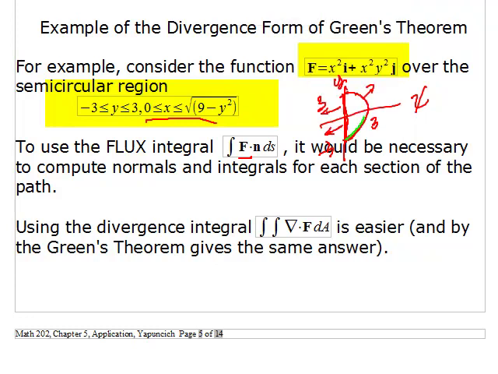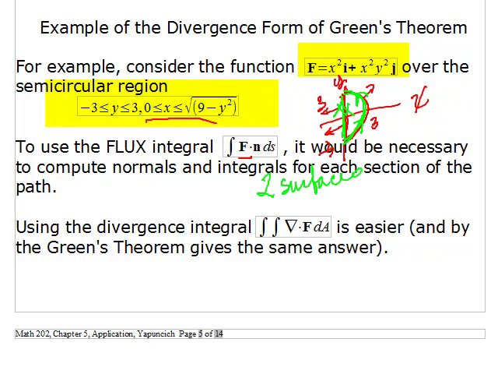One would have to go from here to here, and the other would have to go from here to here, and you'd have to make sure that you were doing it in the right orientation so that you go all the way around in a counterclockwise direction. In other words, you don't want to go up here going in this direction and then by the way you set up the integral go this direction along the straight edge. That wouldn't work so well. So that's what you'd have to do to use the flux integral. You would have to have two curves, two integrations, and you'd have to carry all that out.